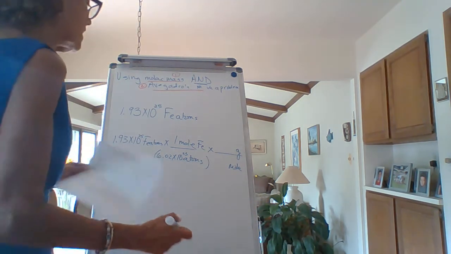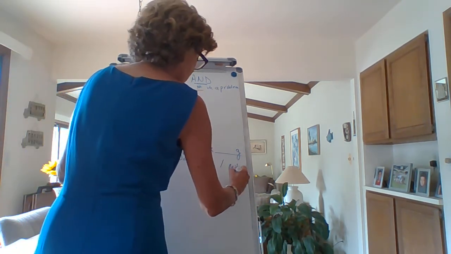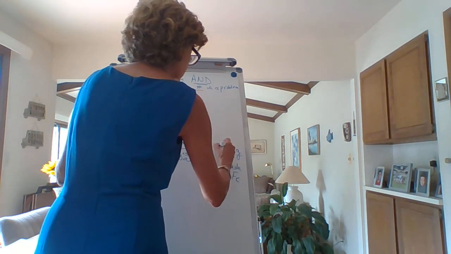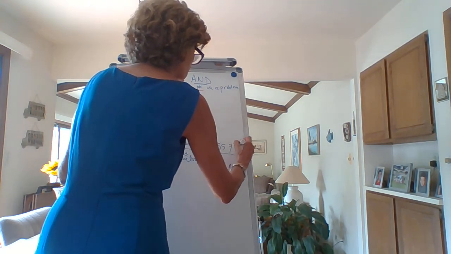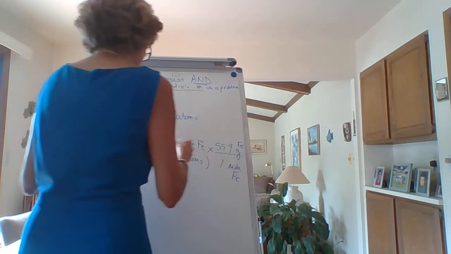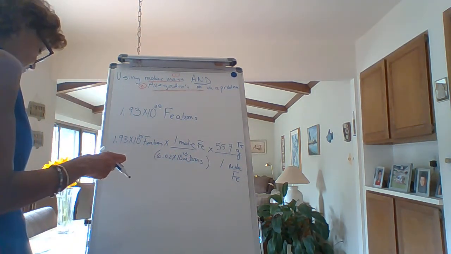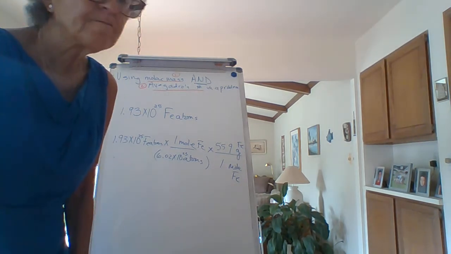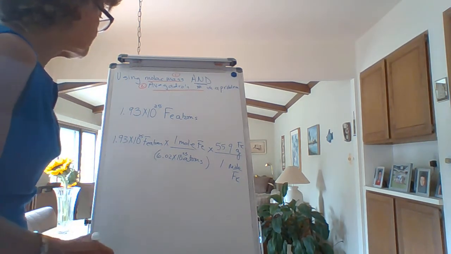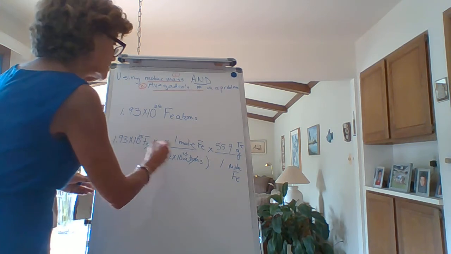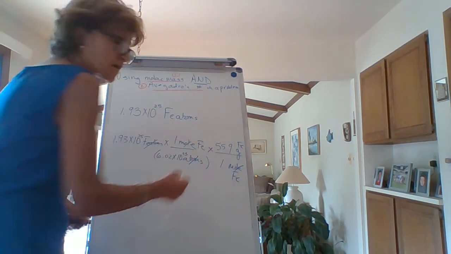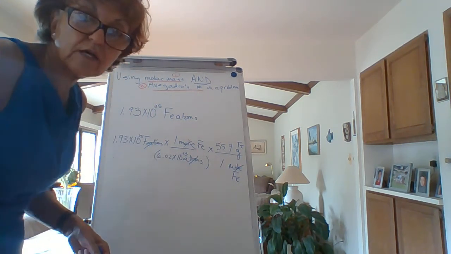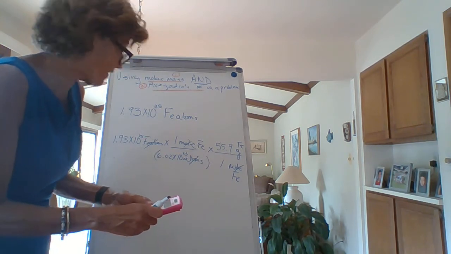So I'm going to say 1 mole of iron is 55.9 grams of iron. You could write the whole 55.85 if you want to. That's totally fine. Perfect setup. Atoms will cancel. Moles will cancel.